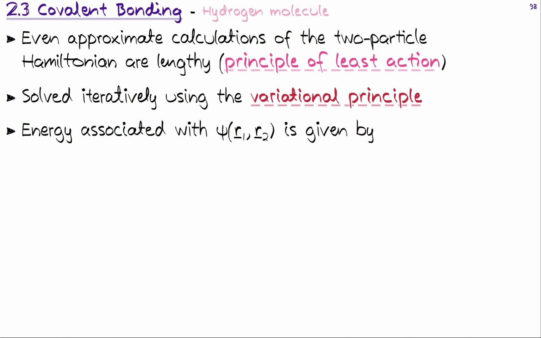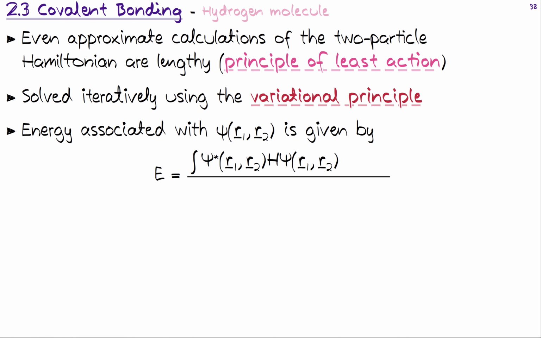So the energies that are associated with this psi are given by a form that we would be minimizing in practice. I want to show you here now. We make use of the variational principle, so basically the principle of least action, and we calculate the energy. That's the integral of the total wave function's complex conjugate times the Hamiltonian times the original wave function psi, and then we integrate this so that we calculate the total energy of the system.